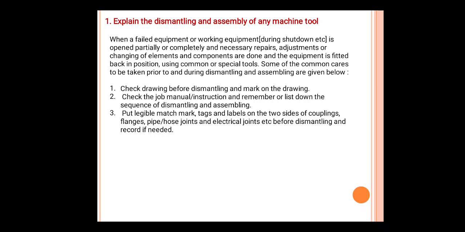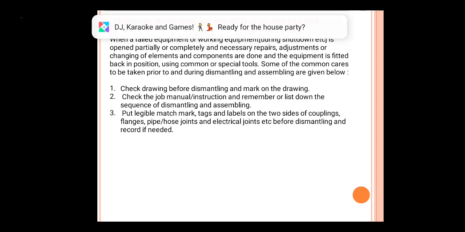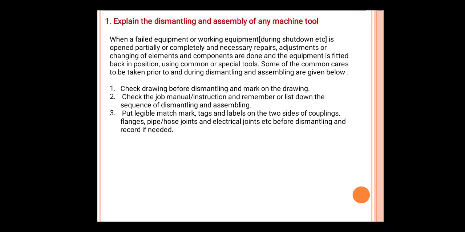For repair or adjustments, changing of the elements and components is done, and the equipment is fitted back in position using common or special tools, as you know already. You have already done this work in one of your labs, so you know the importance of dismantling and assembling.